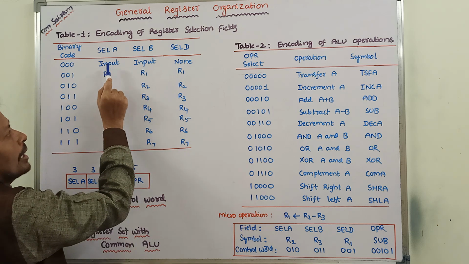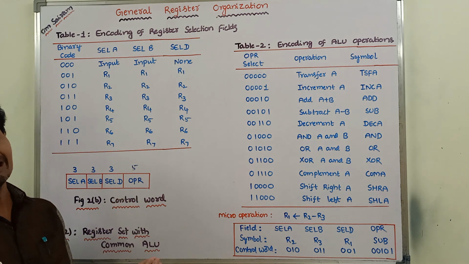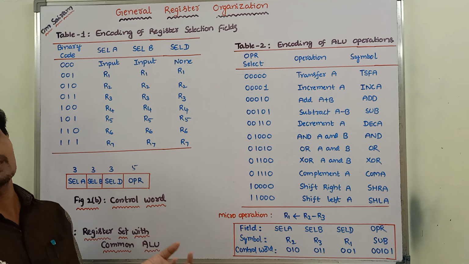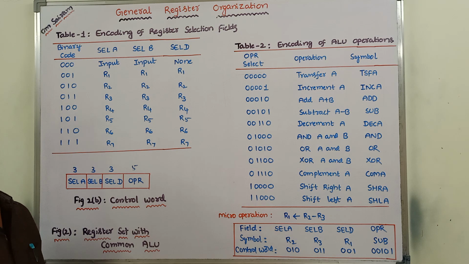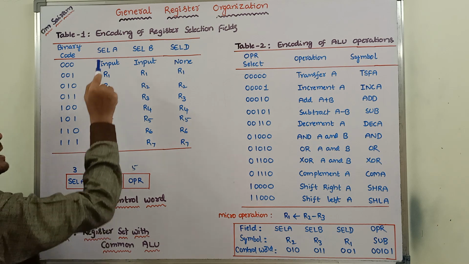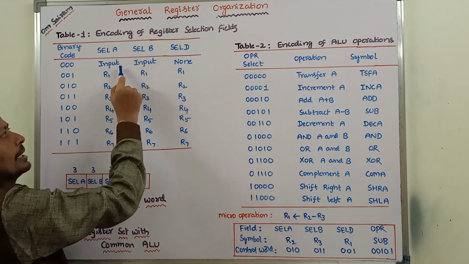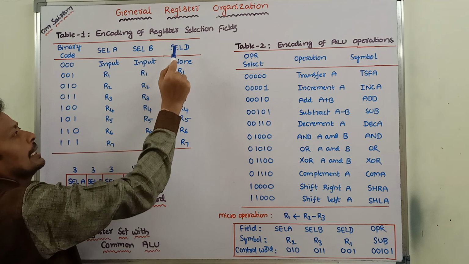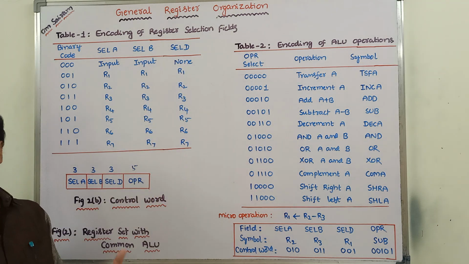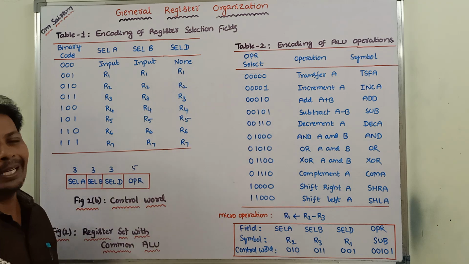Whatever input register is selected, the content of that input register is connected directly to the output only. At that time, SEL A selects the input register, SEL B selects the input register, and SEL D does not select any destination register, so that it can be represented with none.